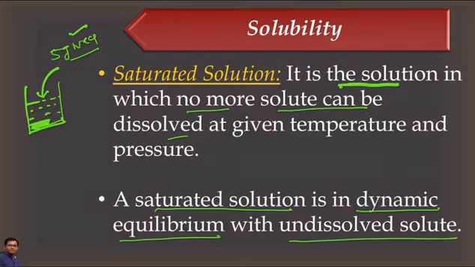The dissolution and the precipitation process take place at the same rate, in equal time. So the amount of solute that is dissolved in the solvent, the same amount of solute gets undissolved and precipitated in the solid form.